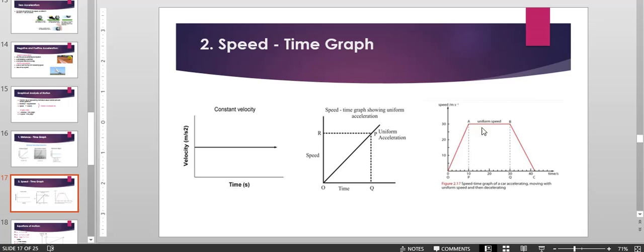The third graph shows an irregular path or an irregular acceleration of an object. The area under this speed-time graph represents the distance traveled by the object.